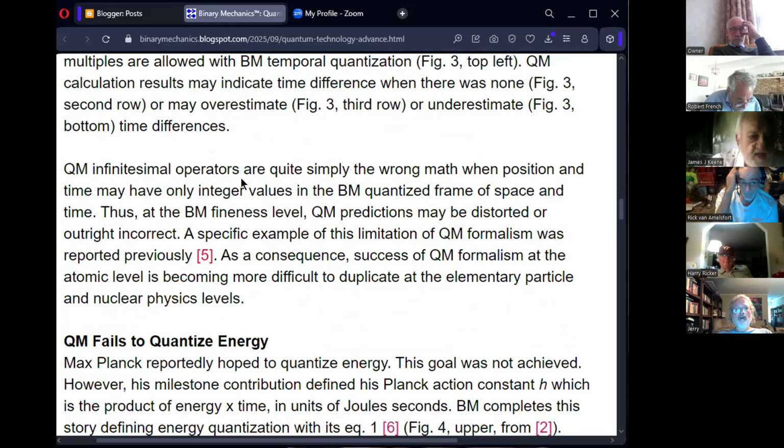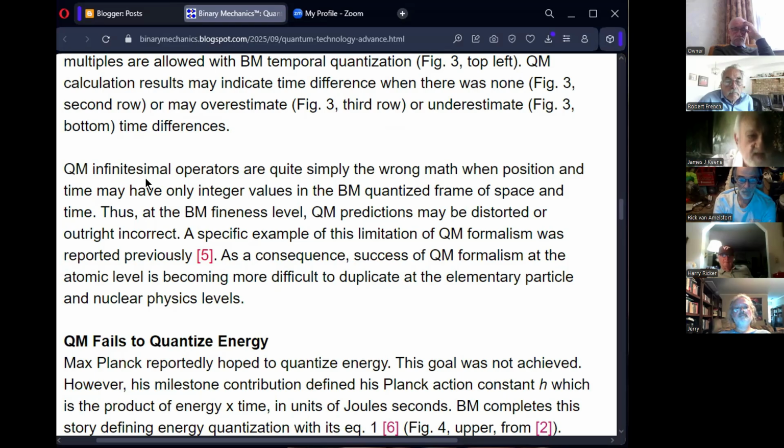QM infinitesimal operators. Now let's go to the time development equations in which the wave function or the psi functions occur as the definition of the initial or system state, which is going to develop over time, as for example in the Schrodinger and Dirac equations, okay?